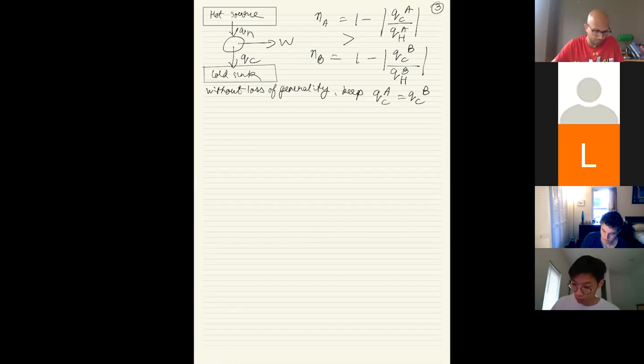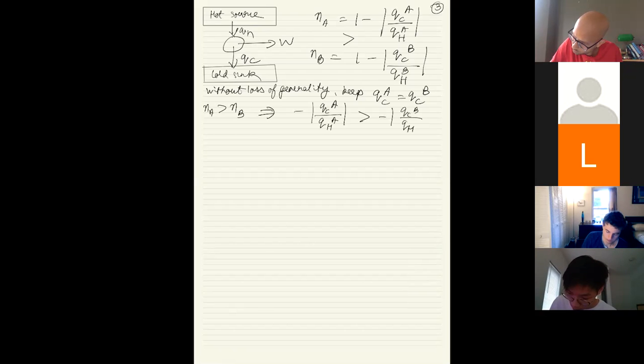So what does this mean? This means that eta A more than eta B implies minus QCA by QHA more than minus QCB by QHB. But now we are saying that the numerators are the same. QCA is the same as QCB. What does this mean?